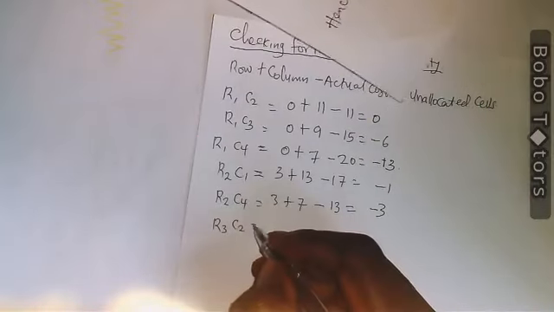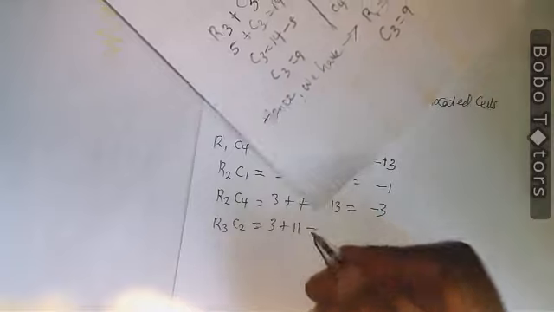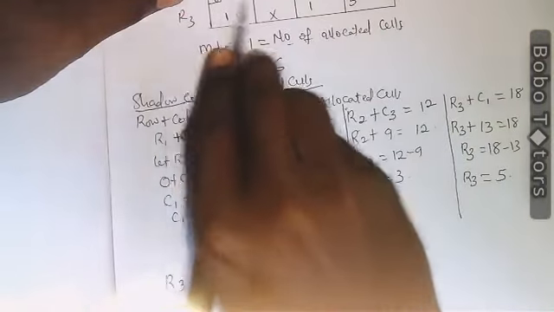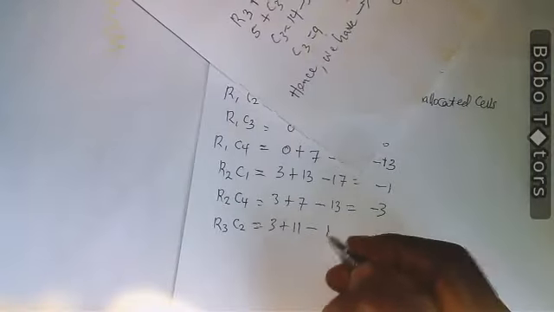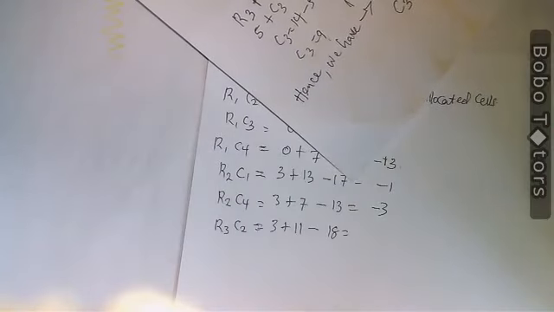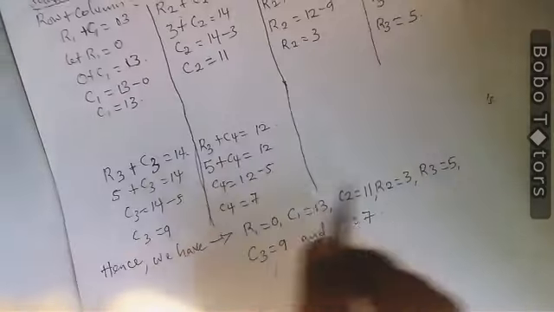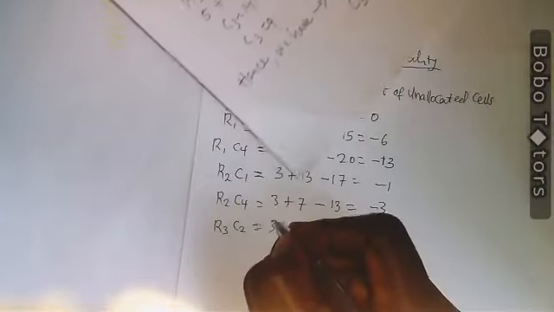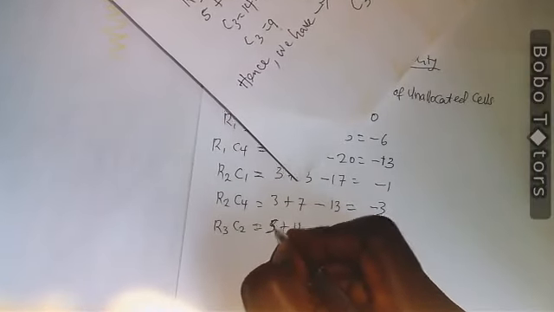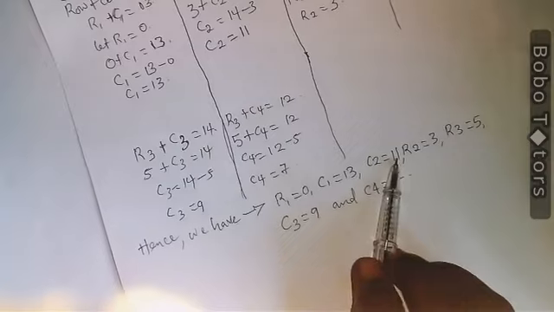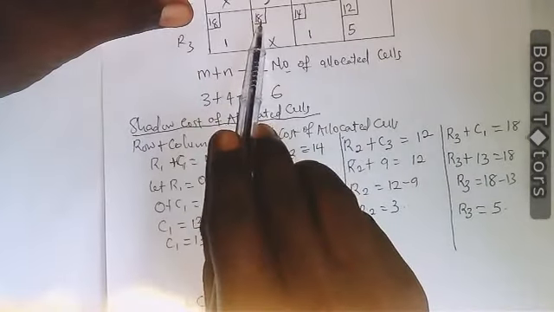Then we have row 3 column 2. Row 3 is 5, plus column 2 which is 11, minus row 3 column 2, which is 18.